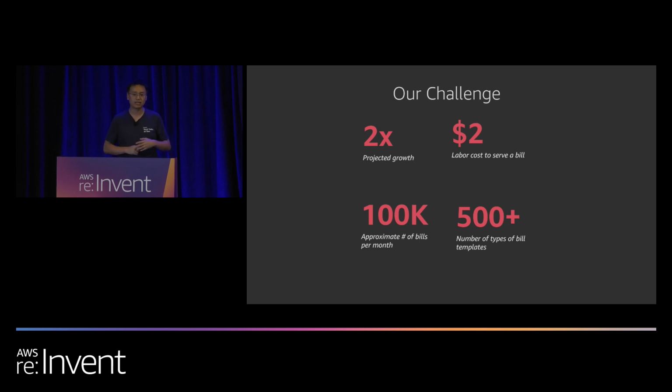The average cost to process a bill is $2, and we are handling 100,000 bills a year right now, and we need to handle more than 500 different kinds of bills. And as we grow, if we double every year, you can imagine how difficult this is.